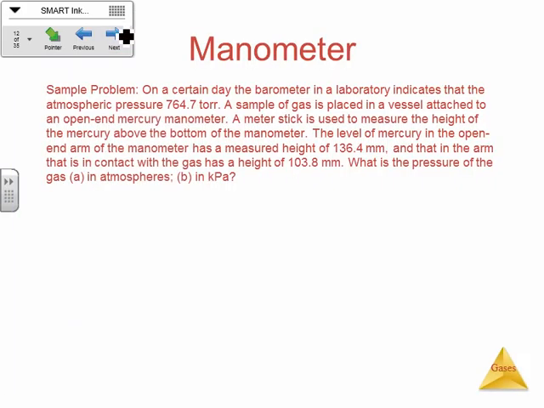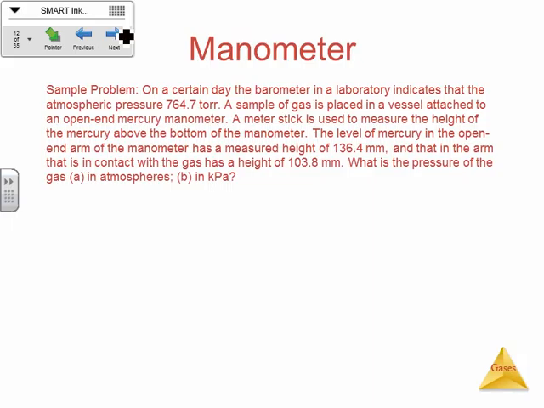Okay? All right, so we've got a sample problem here, and this is kind of a long one. Barometer showing atmospheric pressure to be 764.7 torr, which again is the same thing as millimeters of mercury. Sample of gas placed in a vessel attached to an open-end mercury manometer.